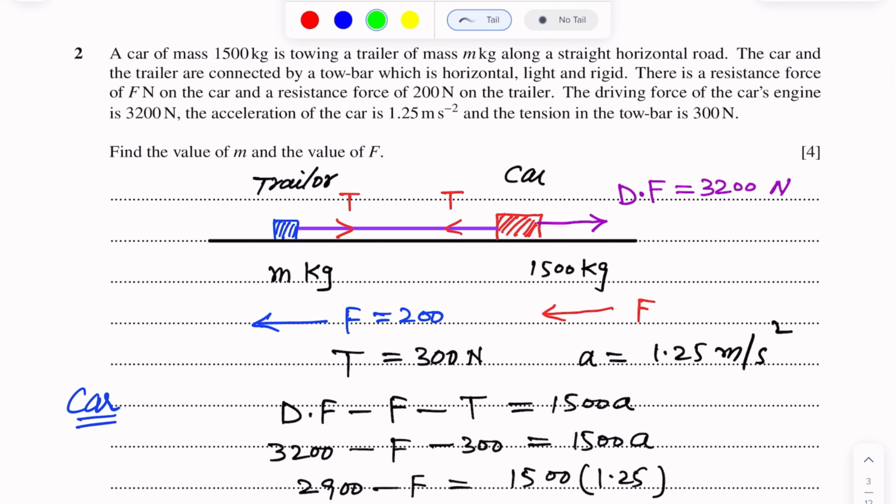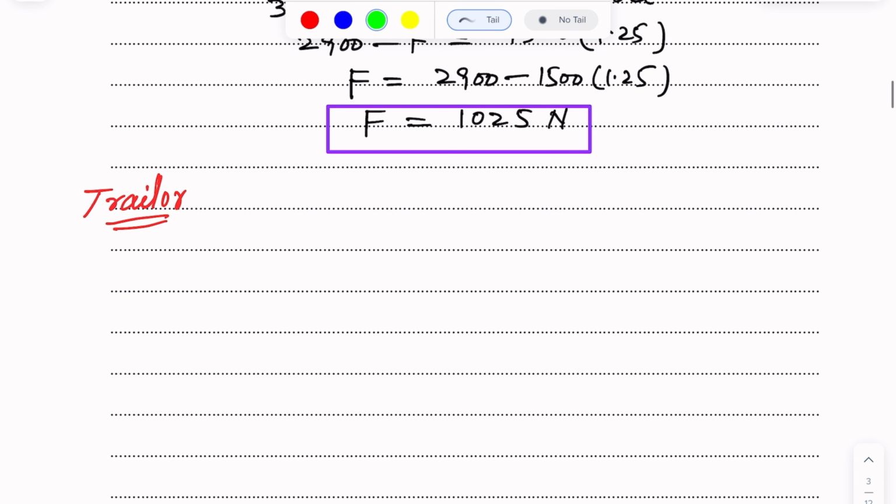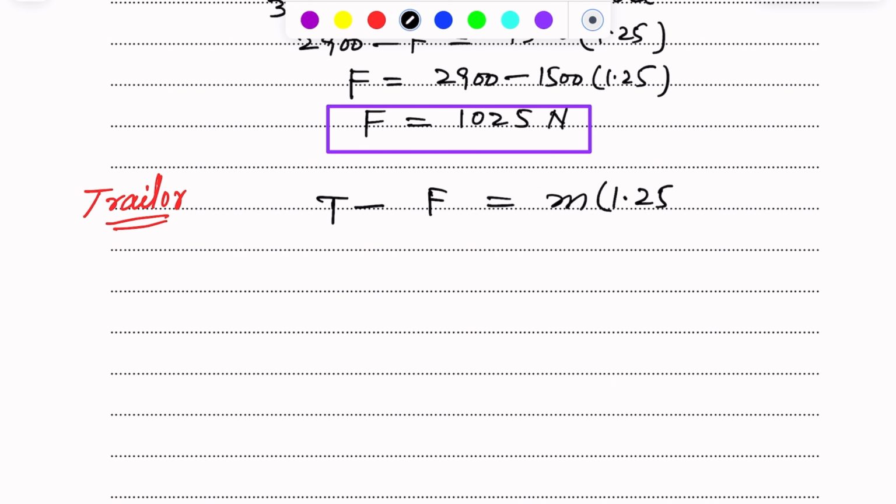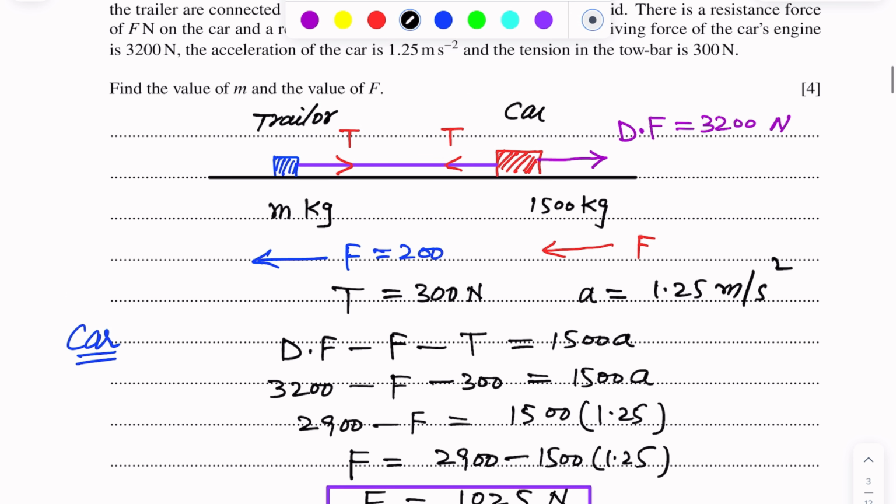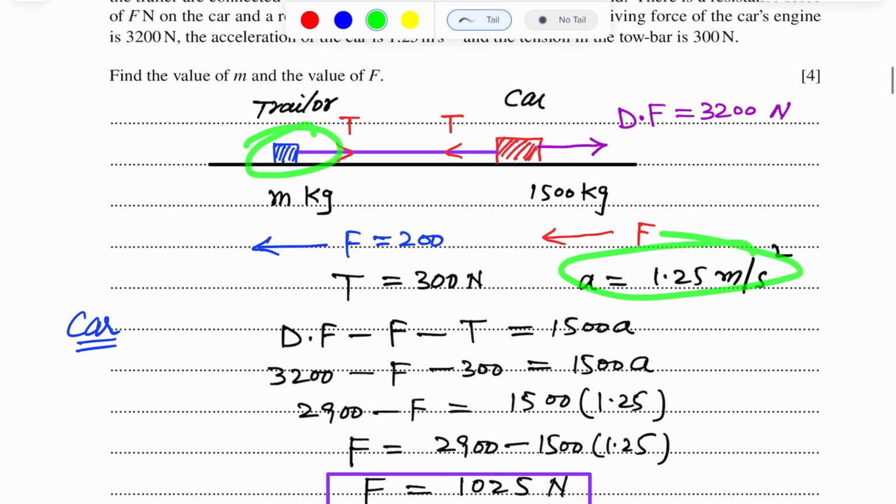The net force for the trailer will be T minus the resistance force, which is equal to ma. Here a is 1.25, because the acceleration of the car is the same as the acceleration of the trailer.